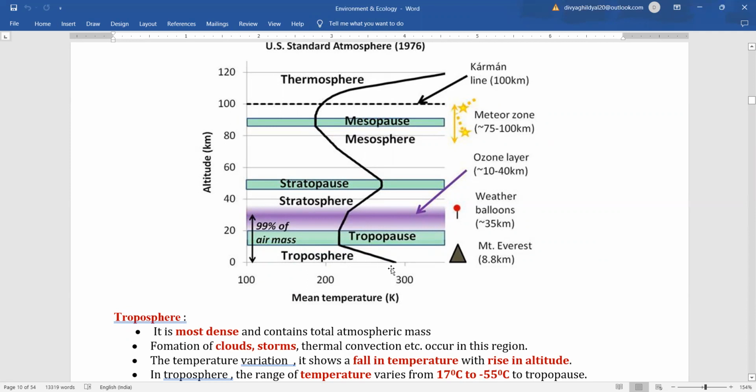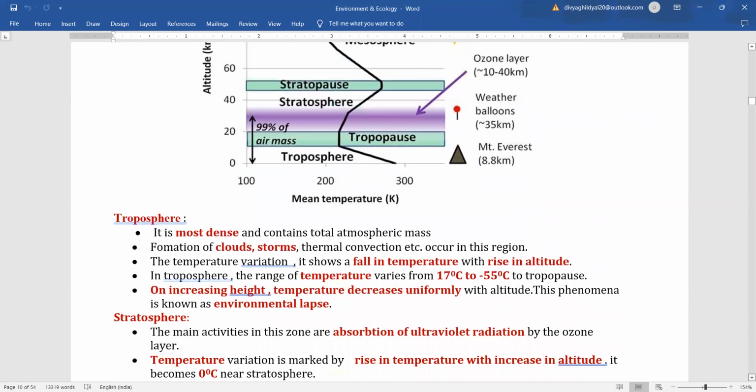Look at this: the temperature is falling while the altitude is rising. The temperature basically varies from minus 17 degrees centigrade to minus 55 degrees centigrade. On increasing the height, temperature is decreasing.